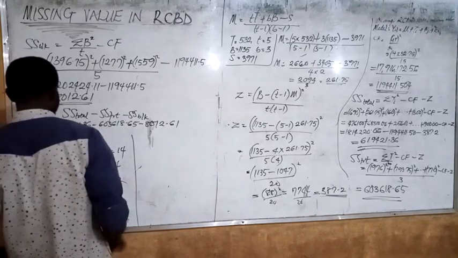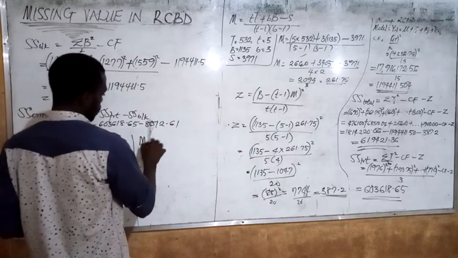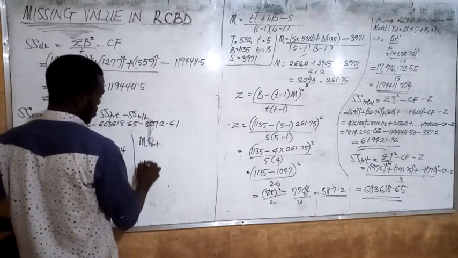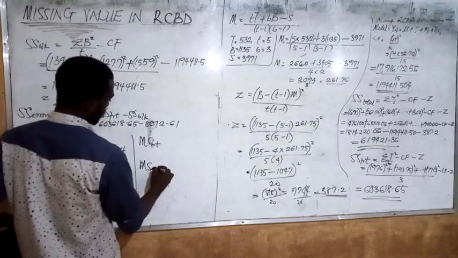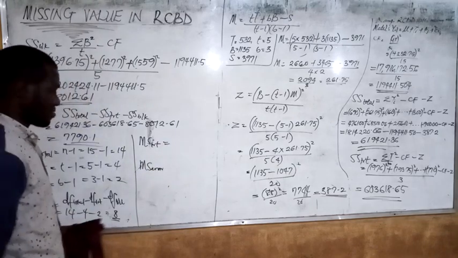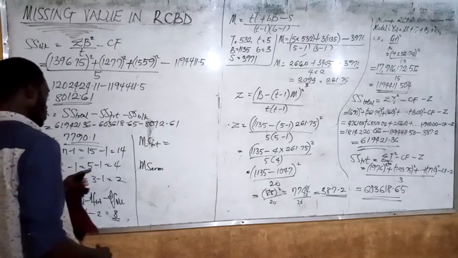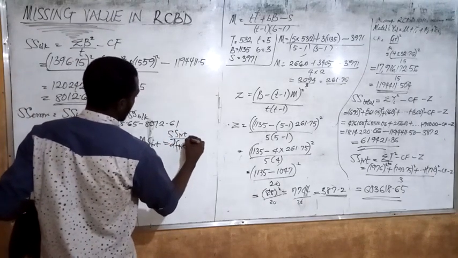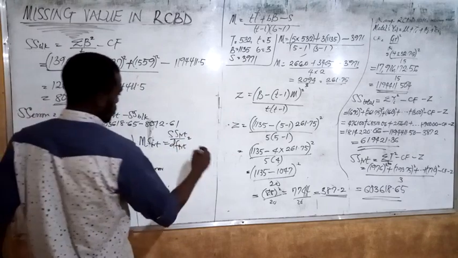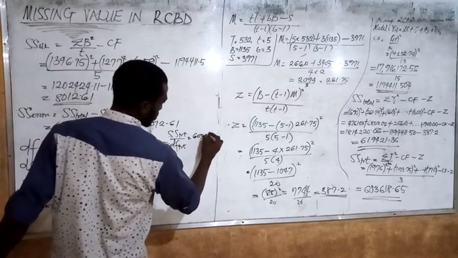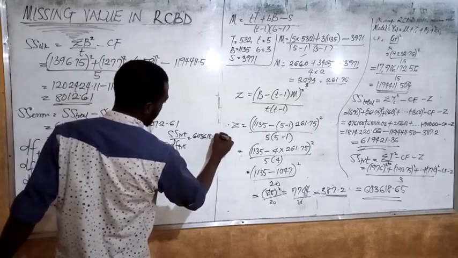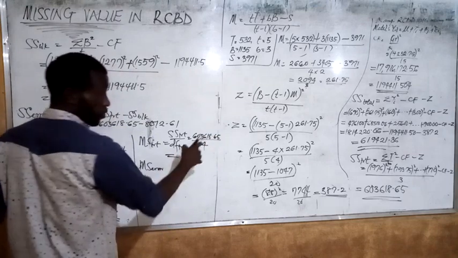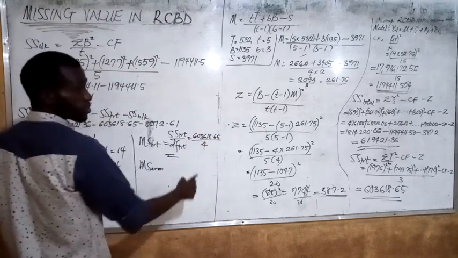Alright, after calculating our DFs, we now go to our mean squares. The mean squares we need here are the mean squares for treatment and for error, just like in CRD. MS treatment is SS treatment over DF treatment. Our SS treatment was 603,618.65 over DF treatment, which was 4. That gives 6061.